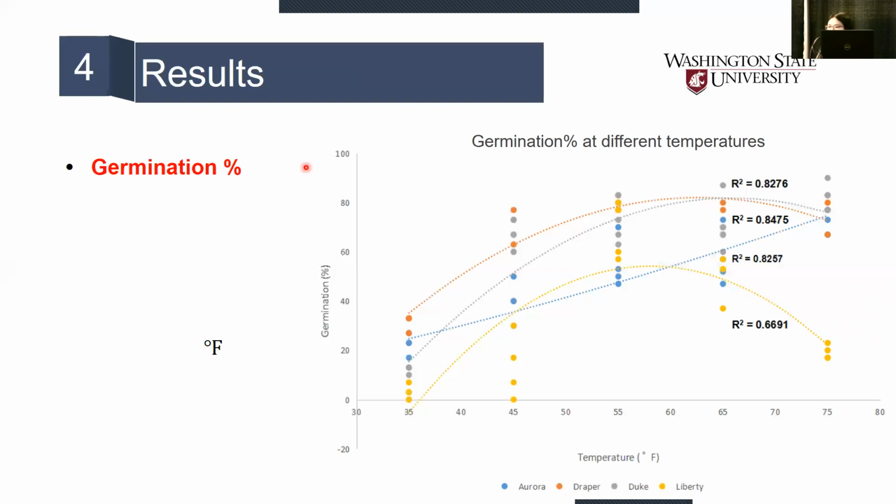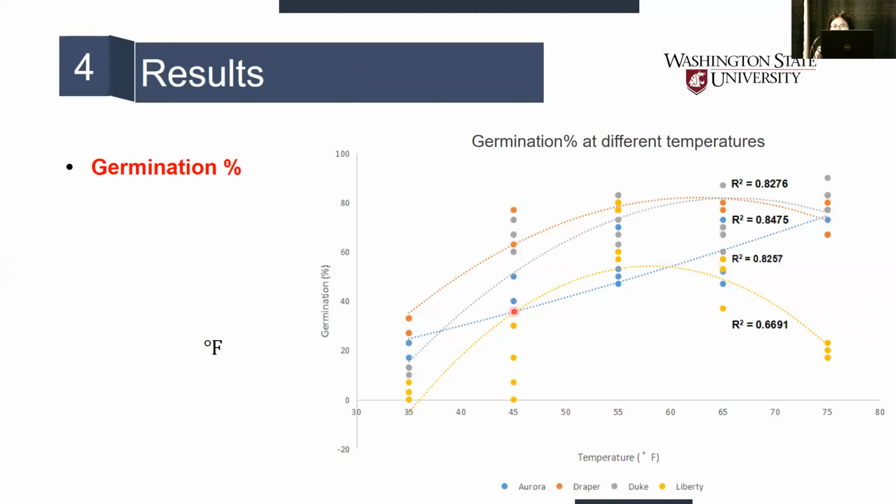And from this data, we can get the trend lines, which can tell us the optimal temperature for maximum germination rate. If there is at least one pollen tube on the tetrad, we say it's germinated. For example, please look at this yellow line.